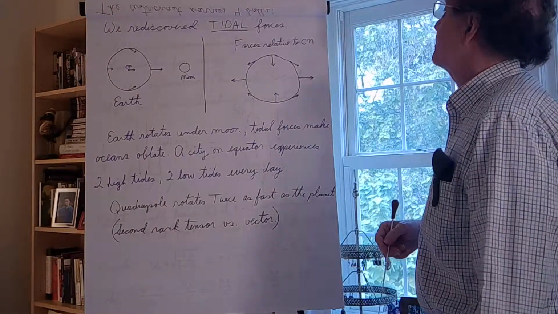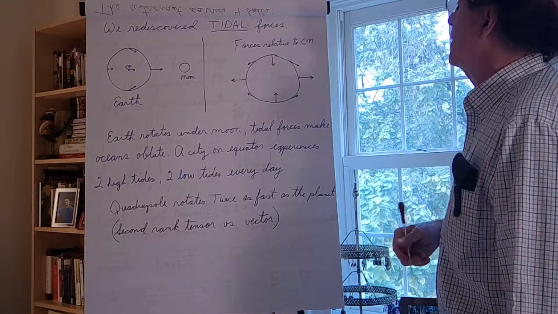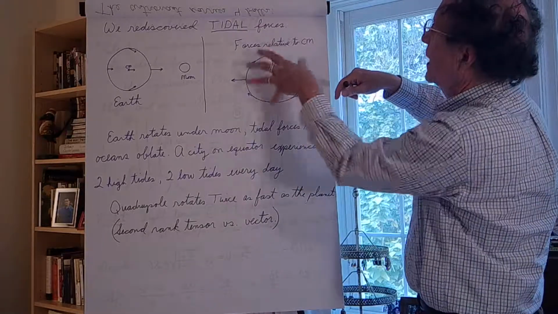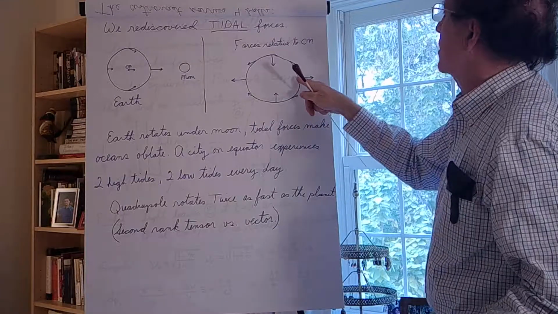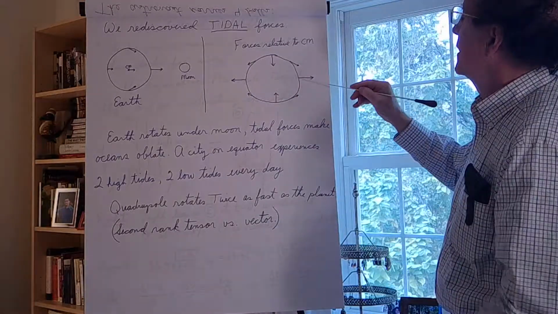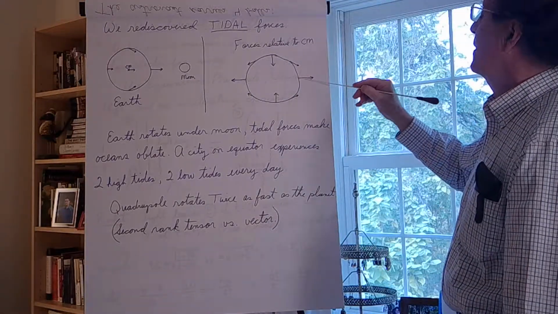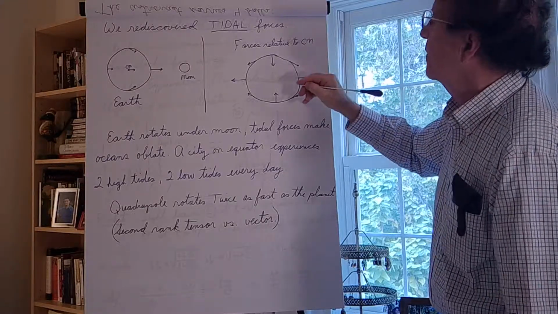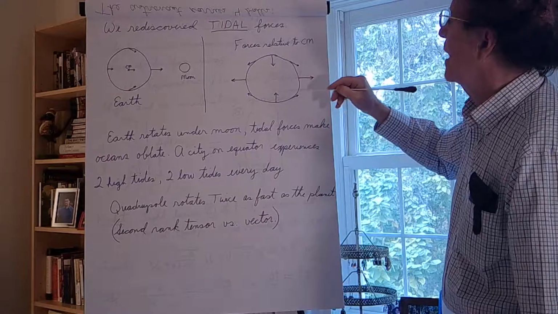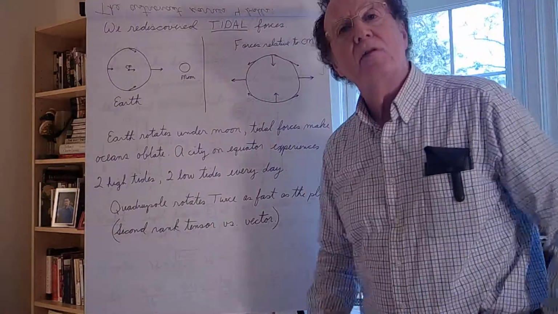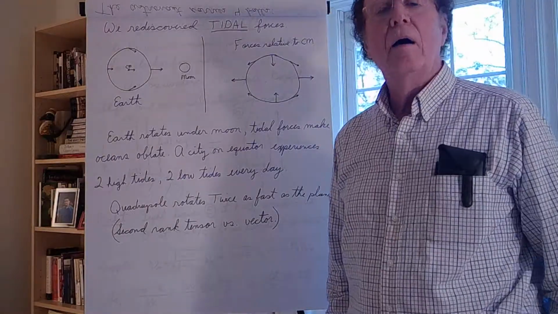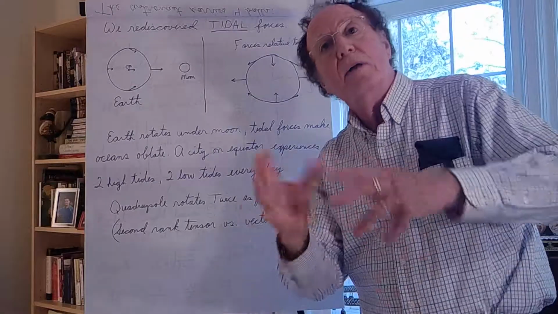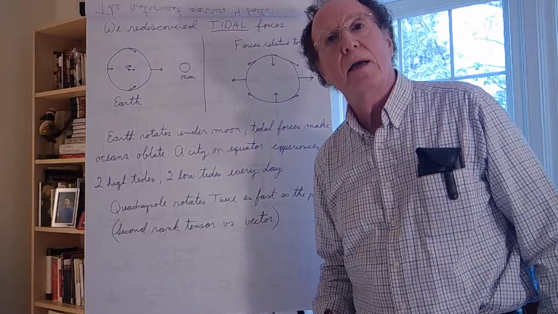So I'm imagining that the Earth is rotating here, and so if I'm in New York, then at this point I have a high tide, come over to here, I have a low tide, come over here, I have a high tide, come over here, I have a low tide. Okay, I rotate approximately once around under the moon in a 24-hour period.